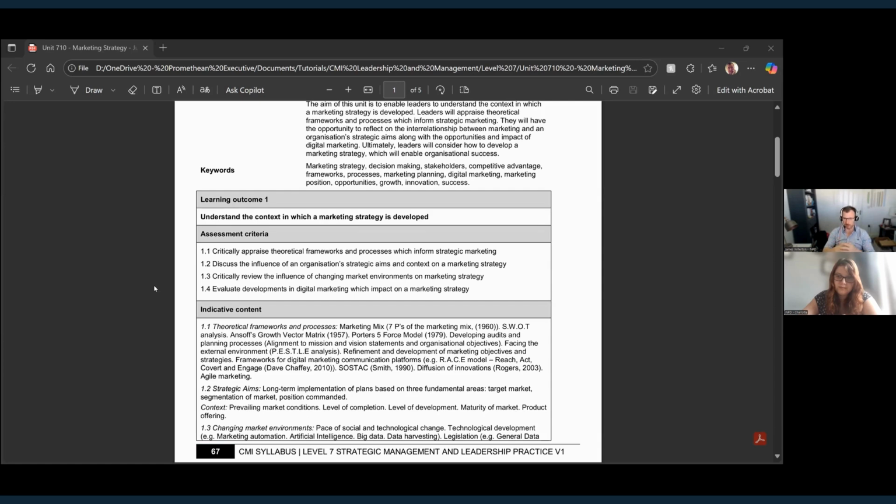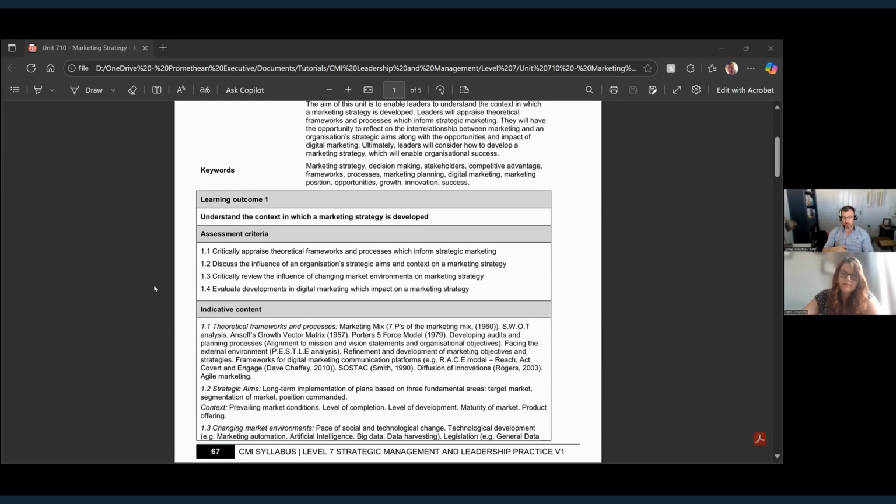And that's your appraisal of those frameworks, again, probably in a paragraph structure. So we've got a definition of strategic marketing. You're going to critically appraise 2 to 3 different frameworks and processes, and make sure I've applied that critical thinking throughout here for 1.1.